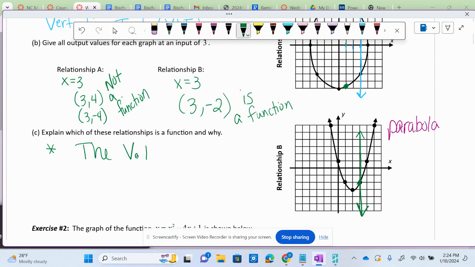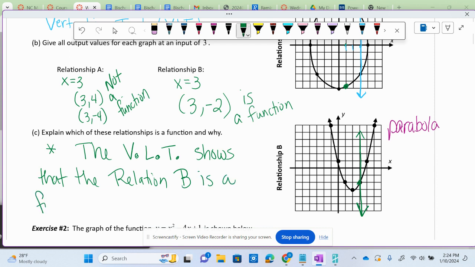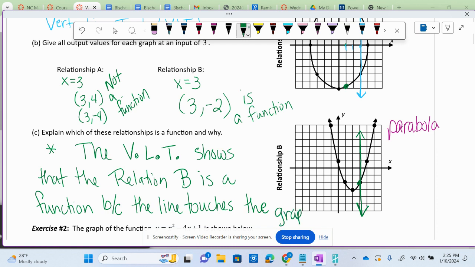The vertical line test shows that the relation B is a function because, I'm going to abbreviate, b/c, the line touches the graph only once. And I know that's a lot.